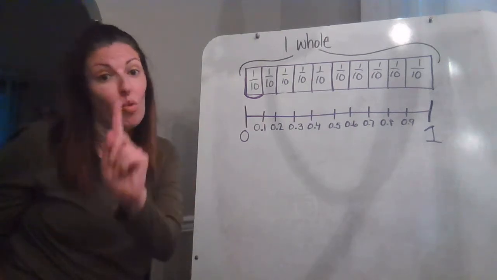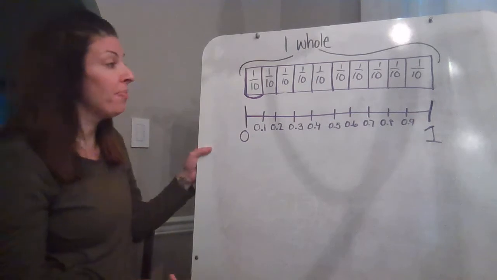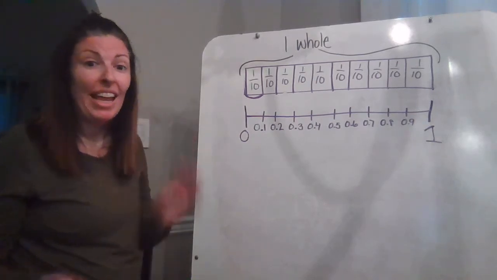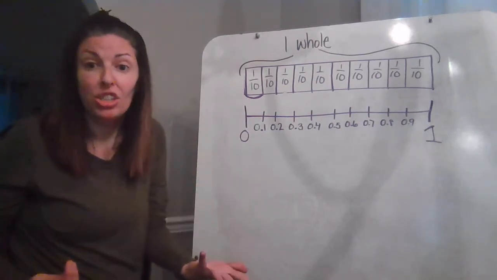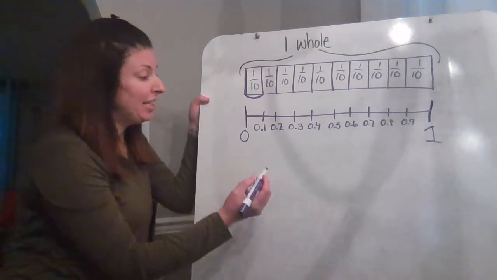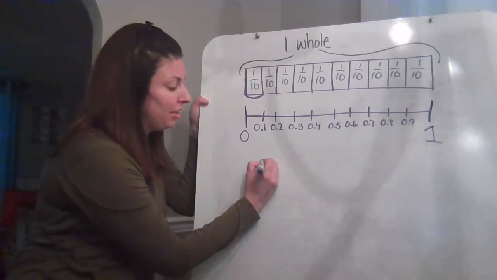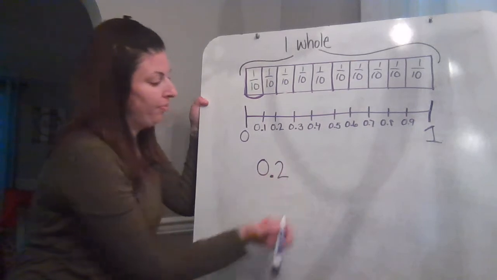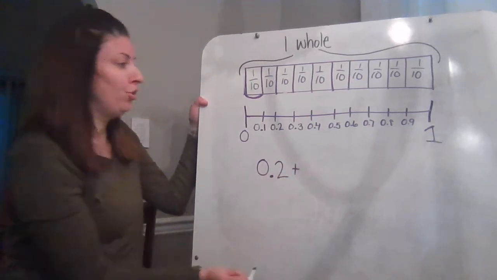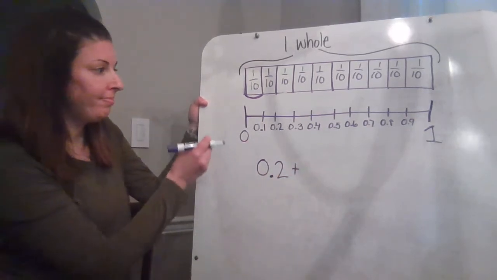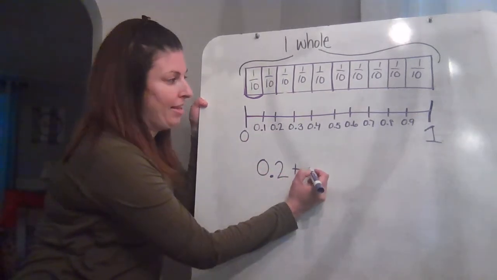Now, one more thing real quick before we go. When we're adding decimals, it's pretty much like you're used to. So let's say we have 2/10 and we add it to 6/10.